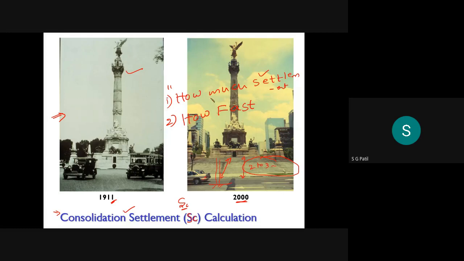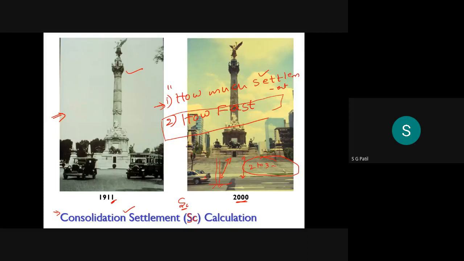To calculate the settlement, if I can answer how much, that will be sufficient for me. How fast, for time being, we won't bother. We will stick to how much settlement will occur.